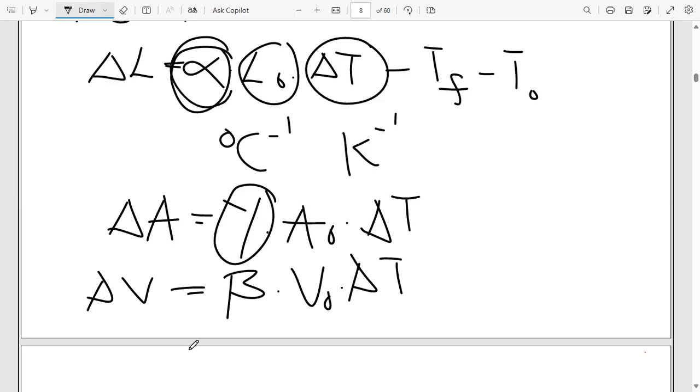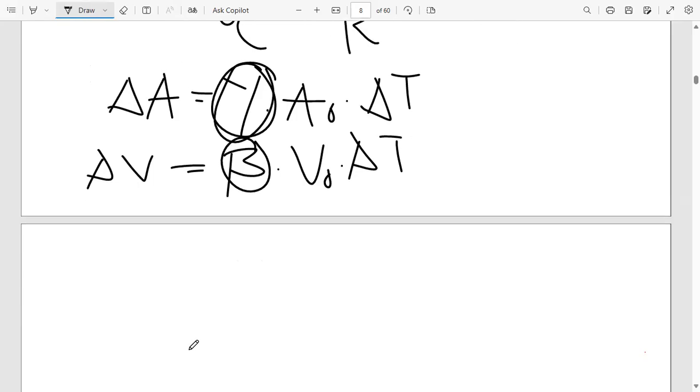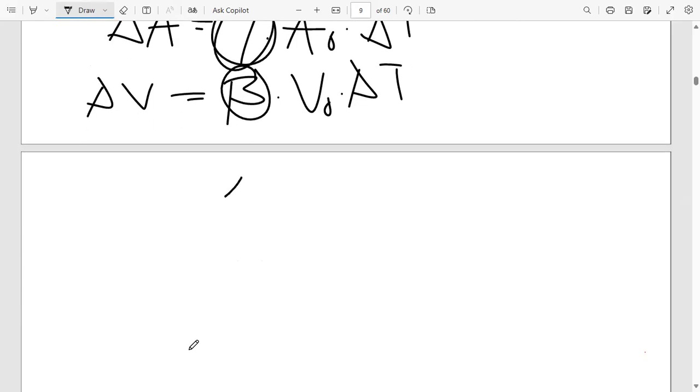And these coefficients that we've given here are related to each other in such a manner that, I'm just trying to show you the relationship between the 3 coefficients of expansion. Alpha is equal to 3 times, or not like this.